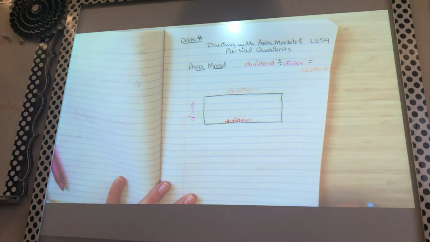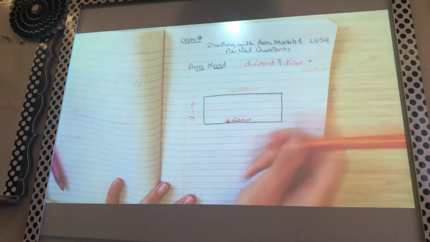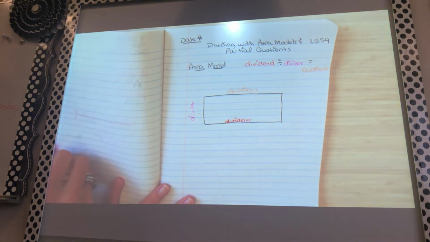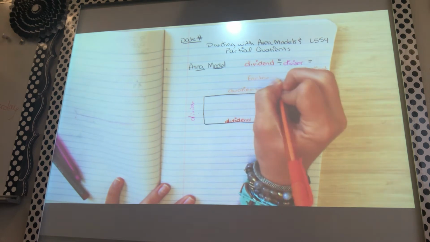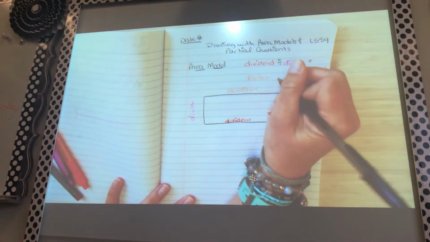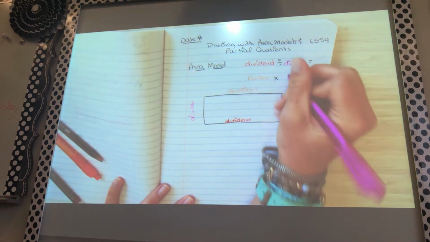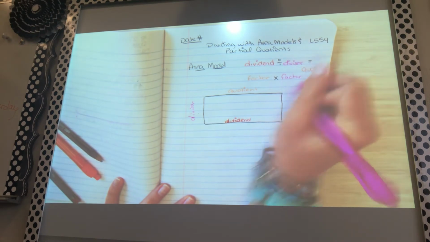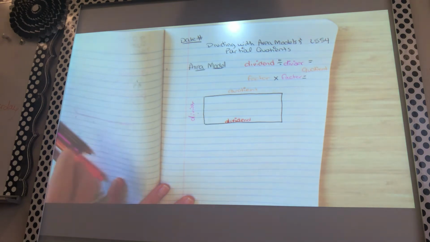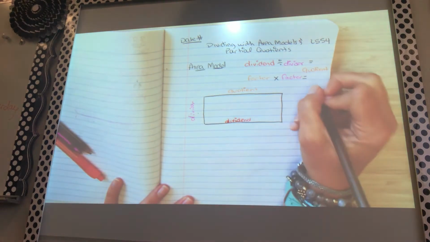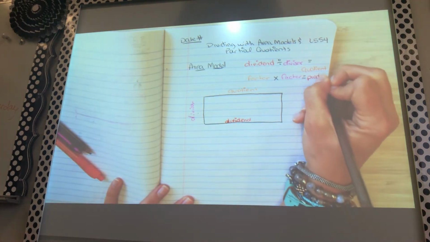That we know is true. Well, in multiplication, we have a factor times a factor equals a product. And you'll notice that I color-coded it.